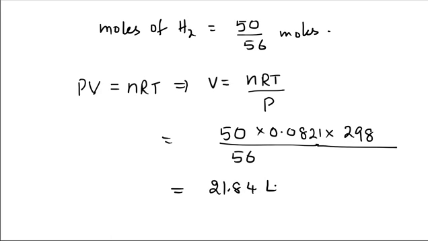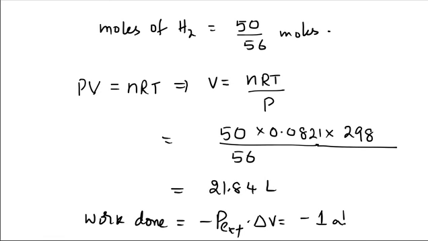So volume change happened. Therefore, what is the work done? Work done is equal to negative P external times delta V. That's going to be negative 1 atmosphere times what is the delta V? It is 21.84 liters, because the volume of liquid reactants is almost negligible. Therefore, the volume change is 21.84 liters. So that gives negative 21.84 liter atmospheres of work done.